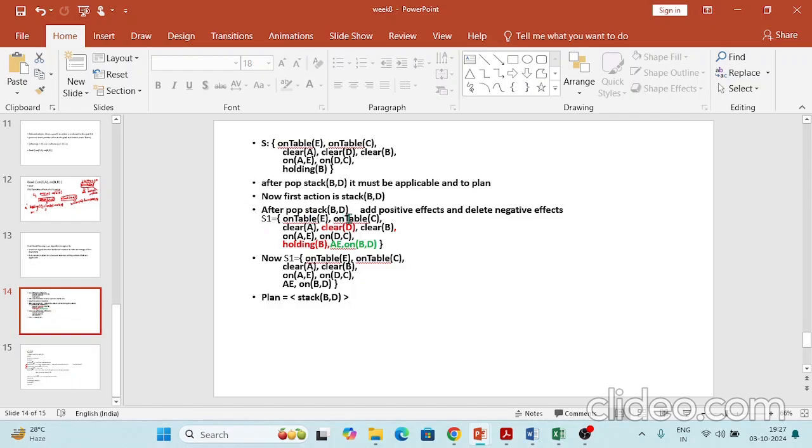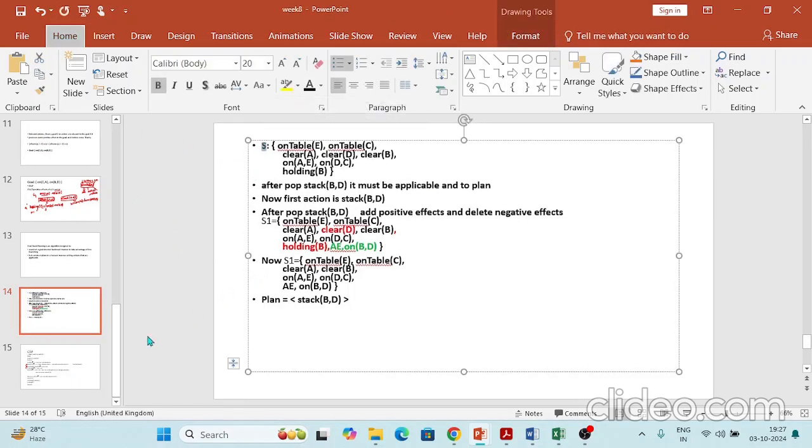After pop stack BD, add positive effects and delete the negative effects. That means whenever we are comparing with the state, the state will be changing, meaning that action is applicable to perform on the goal. In GSP, goal stack planning, we come in the backward direction and we add the plan in the start direction. So we are always comparing with the start.